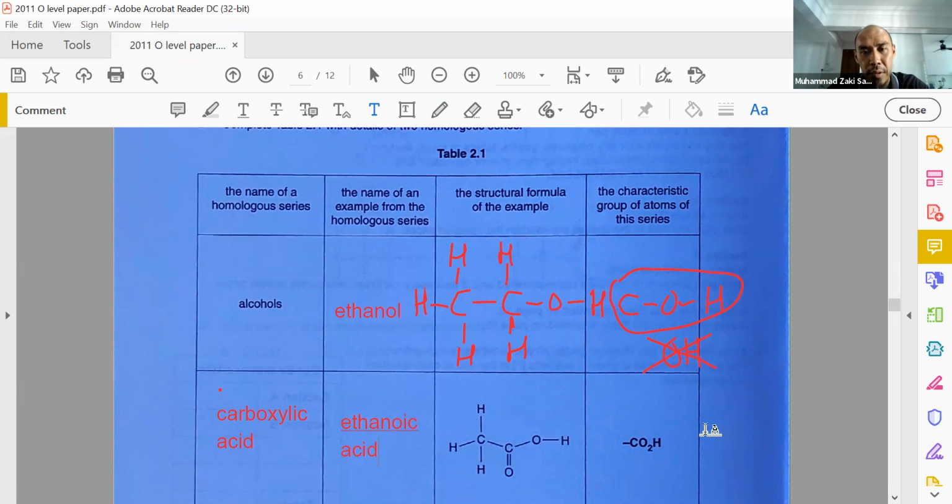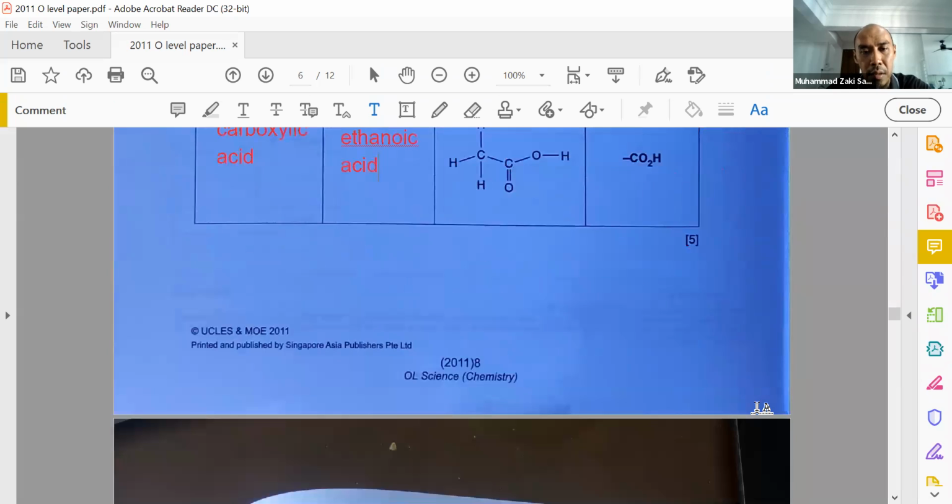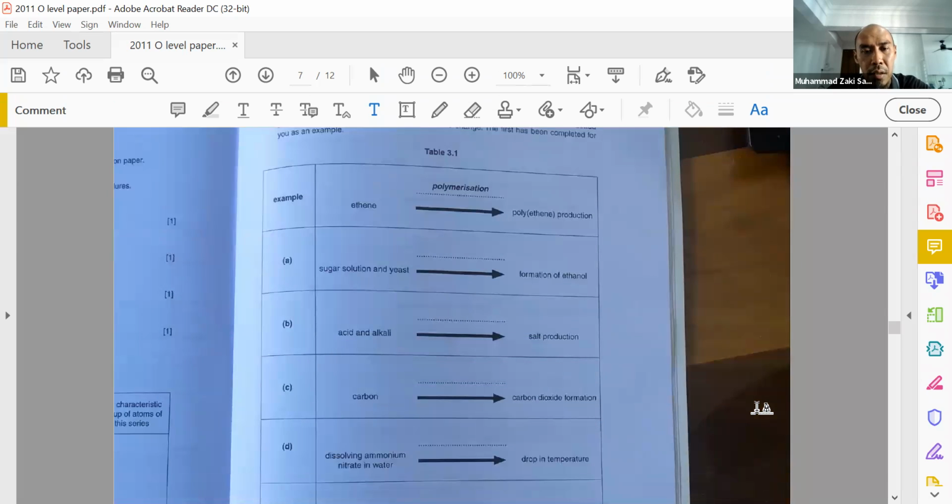So this question is also simple. 5 marks somehow. 2011 is quite a big paper, but it is good for you to practice so that you can strengthen your basic concepts. Let's move on to the next one.